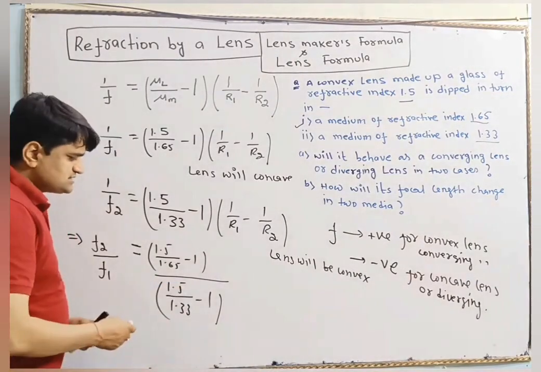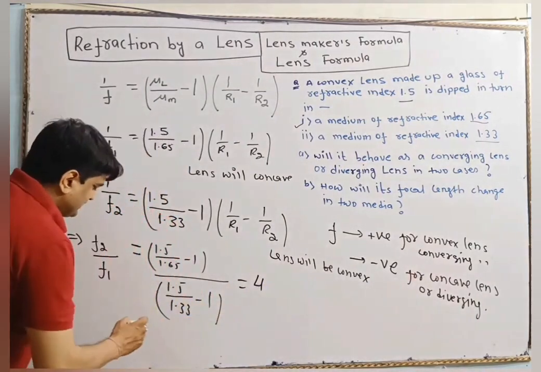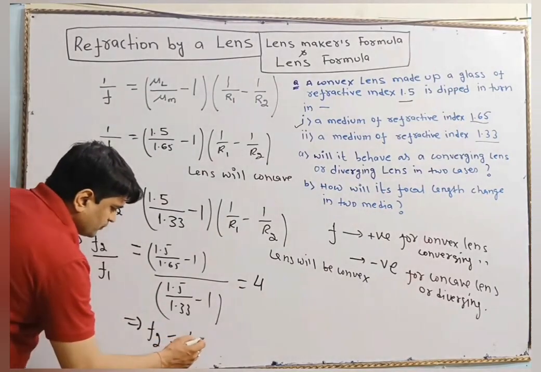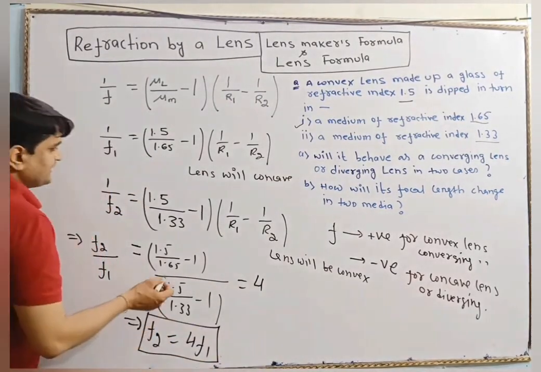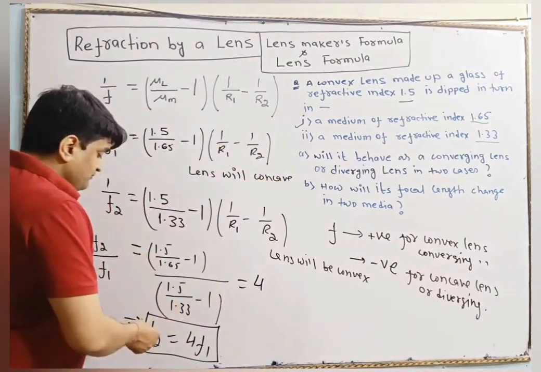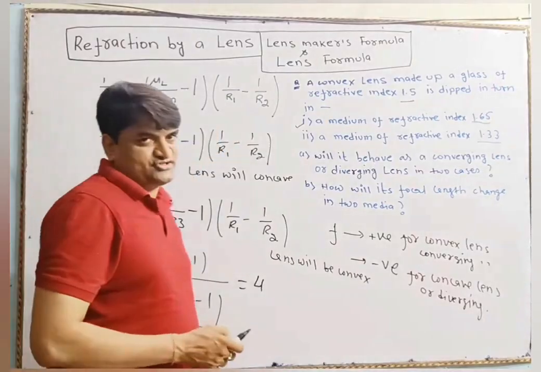After solving this, we will get this value as 4. So we can say that f2 will be 4 times f1. In the second case, when the refractive index becomes 1.33, the focal length becomes 4 times compared to the first case.